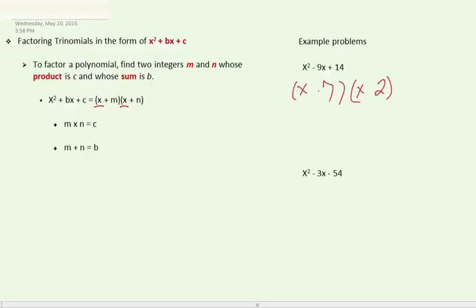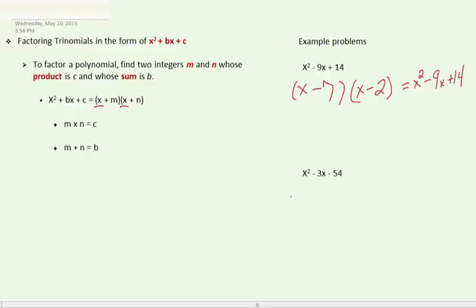If we use positive signs, we have 7 plus 2, which gives us 9. But we need negative 9, so both integers must be negative. So x minus 7 times x minus 2, when multiplied together, gives us x squared minus 9x plus 14.